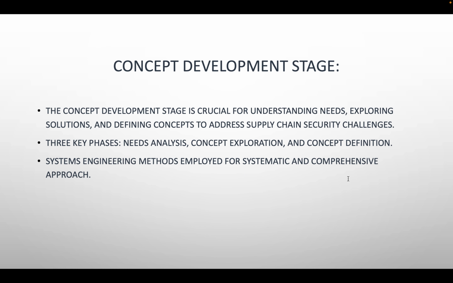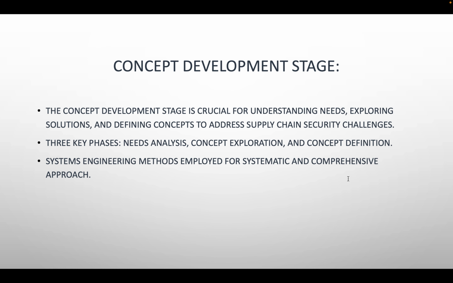And key results. Let's move on to the key results and insights obtained from the methodologies used in managing supply chain security. Through these methodologies, common challenges in supply chain security, including data protection, data locality, data visibility, fraud prevention, and third-party risk, are identified and addressed.